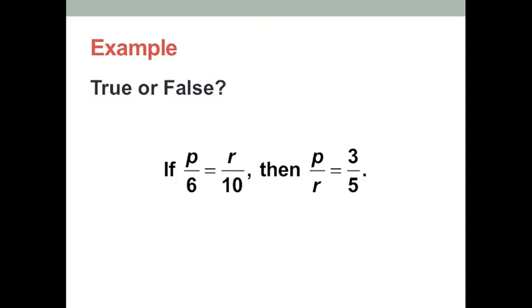True or false? If P over 6 equals R over 10, then P over R equals 3 over 5. This is true. I wrote it as P over R equals 6 over 10 and then reduced the fraction.